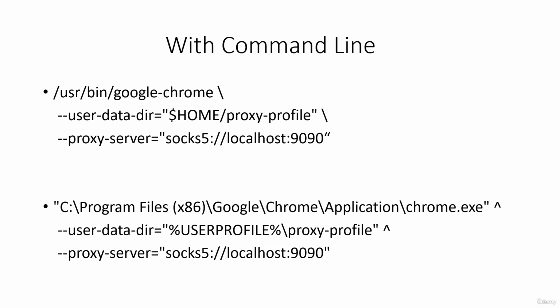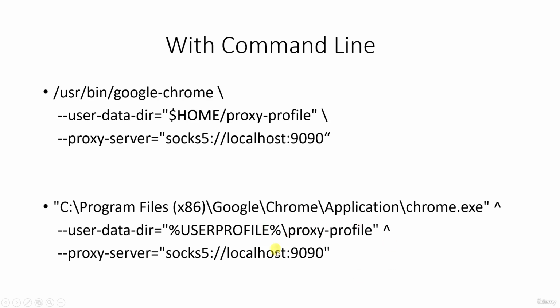You can use a command line. You should launch Chrome with a new profile and use your SSH tunnel with a command like this. This is the command line for Linux, and this one is for Windows.